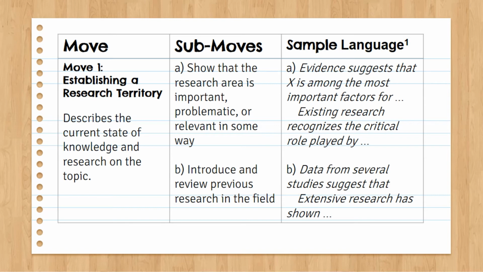First sub-move show that the research area is important, problematic, or relevant in some way. The sample language that you can use: first, evidence suggests that X is among the most important factors for. Next, you could also use existing research recognizes the critical role played by.